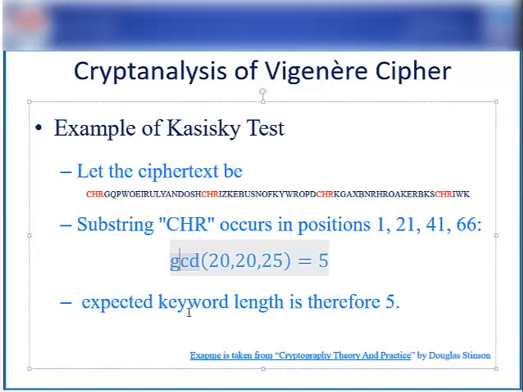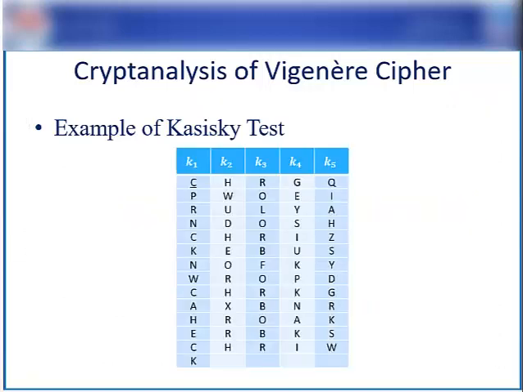So we expect the keyword length to be 5. We can write this ciphertext as a collection of 5 ciphertexts and apply a frequency analysis to each of these blocks. So from this column, we try to deduce the first letter of our key.